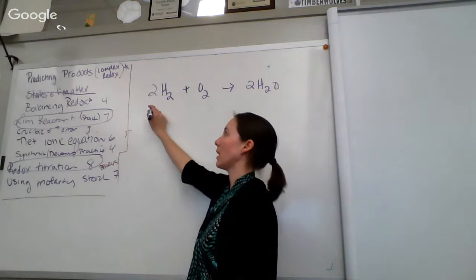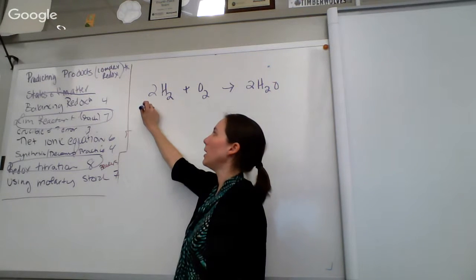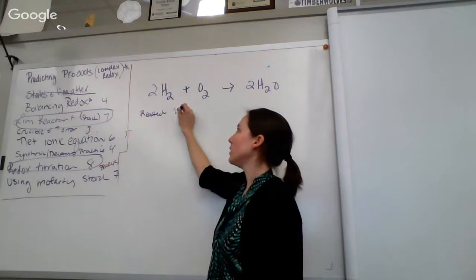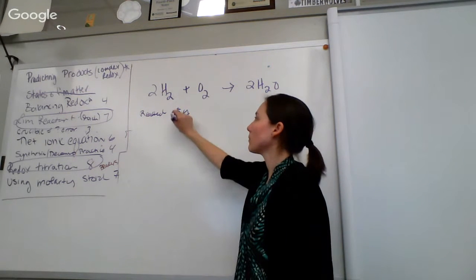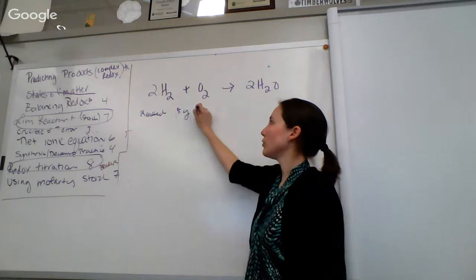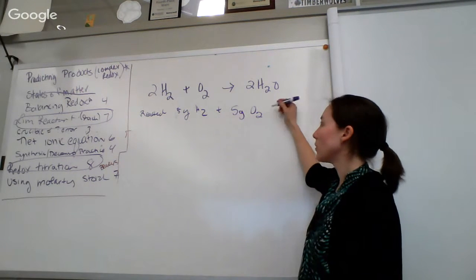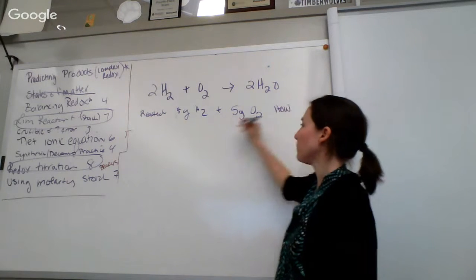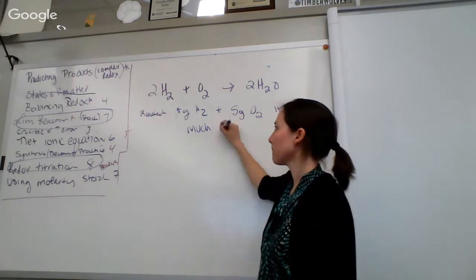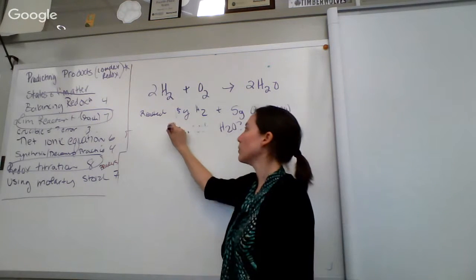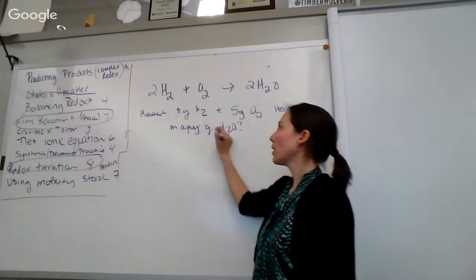Since these are gases, I kind of have to do grams. So let's say we reacted 5 grams of hydrogen and 5 grams of oxygen. And the question is then, how many grams of water can you form?